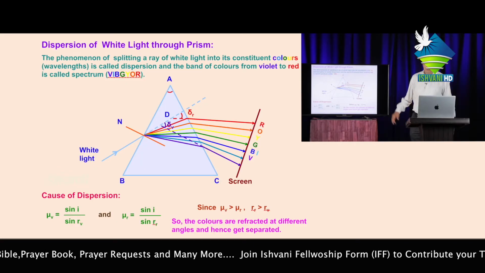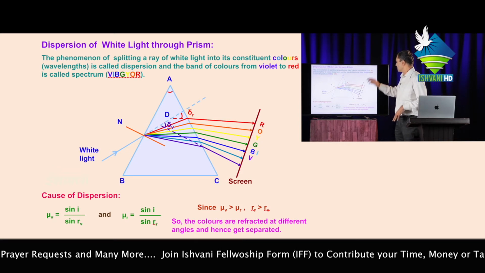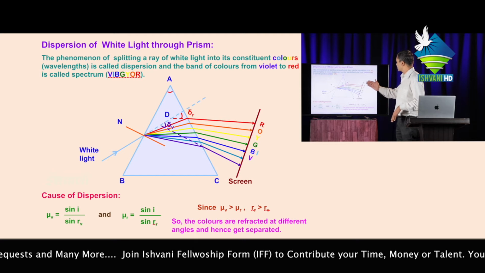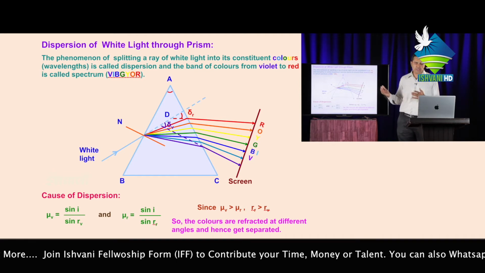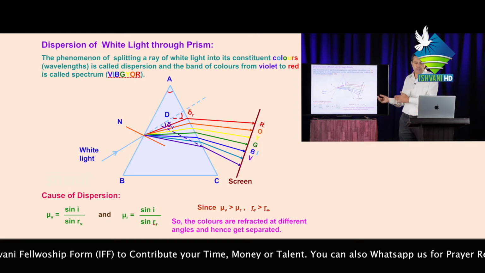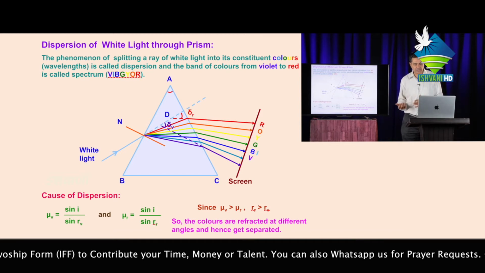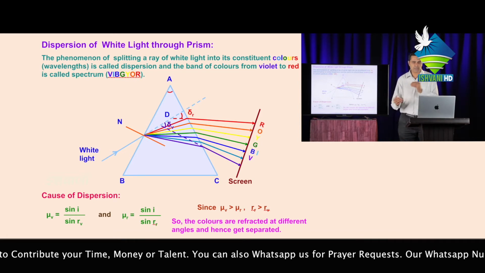So since the refractive index of violet is very high in comparison to red, similarly the refraction angle is very high for red in comparison to violet. So the colors are refracted at different angles and hence get separated.